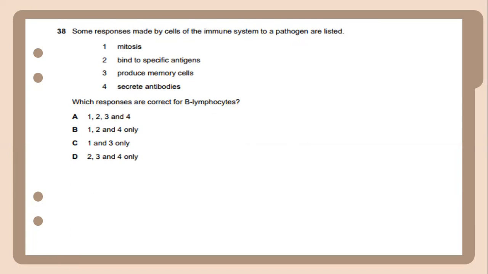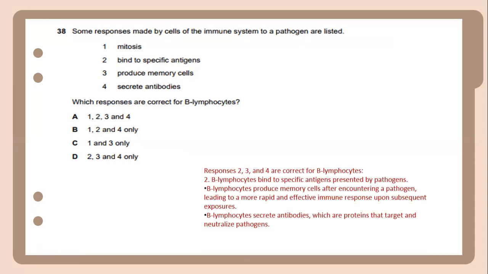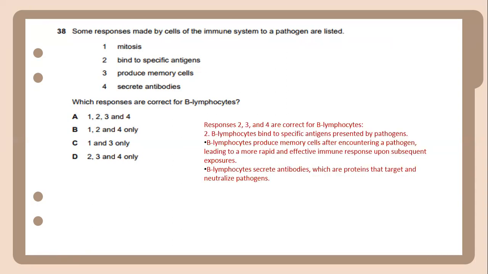38. Some responses made by cells of the immune system to the pathogen are listed: mitosis, bind to specific antigen, produce memory cells, or secrete antibodies. Which responses are correct for B lymphocyte? Only 2, 3, and 4 are correct for B lymphocytes.